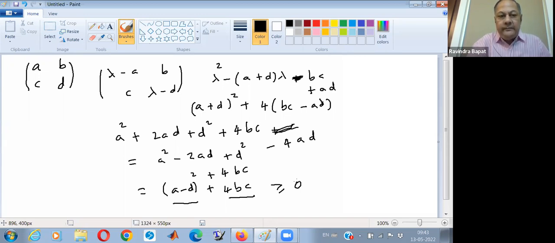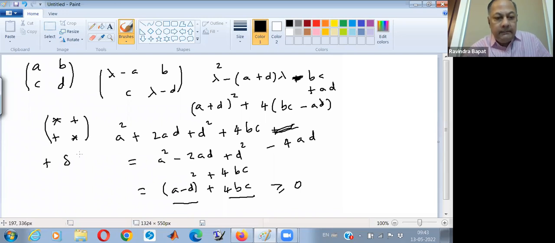They don't change otherwise. So if you have a 2 by 2 matrix where these two elements are positive or non-negative, and these two elements are arbitrary, I can always add a big delta times I, where delta is sufficiently large, that will make it positive.